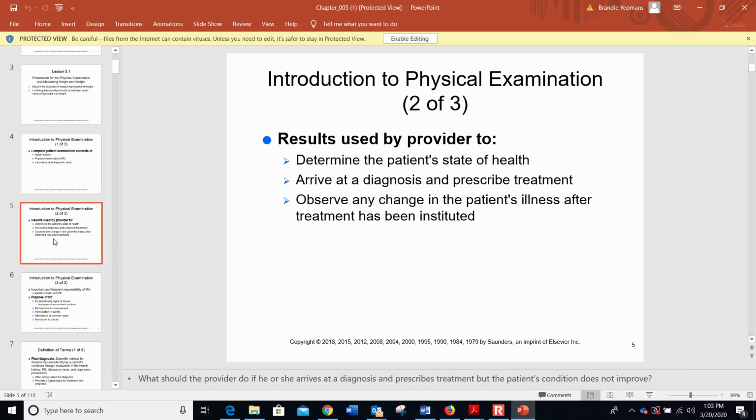So what do we do once we have that physical exam conducted? How does it get to a final diagnosis, or if you will, what's the outcome of that?